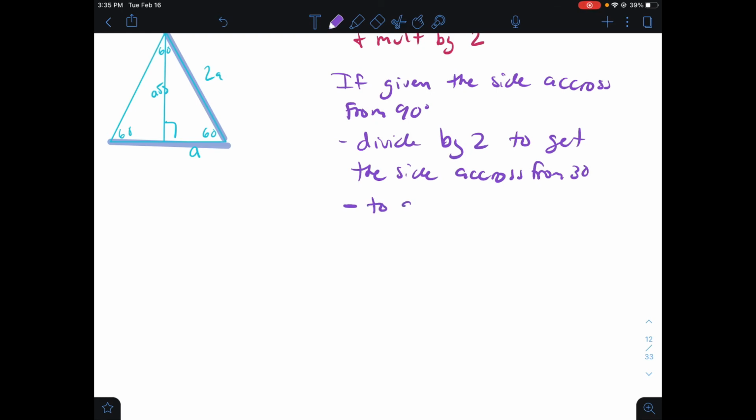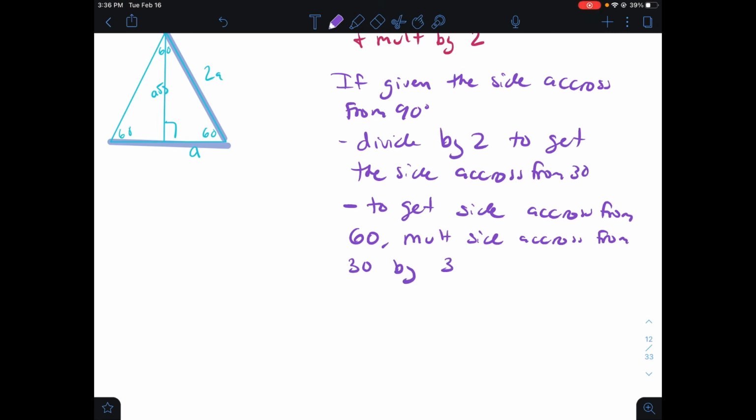So multiply the side across from 30 by root 3. All right. So again, you have to use your answer from the first step to answer the second one.